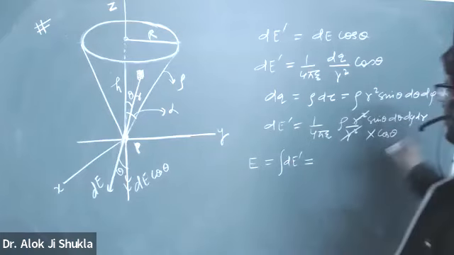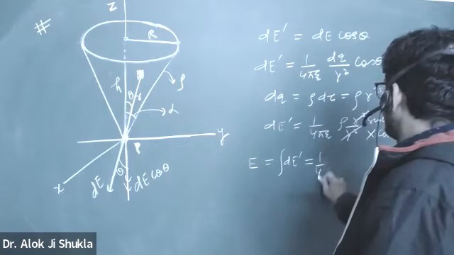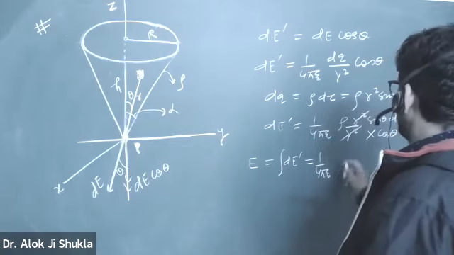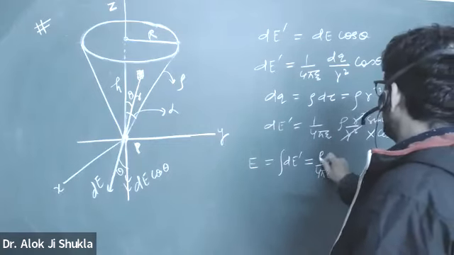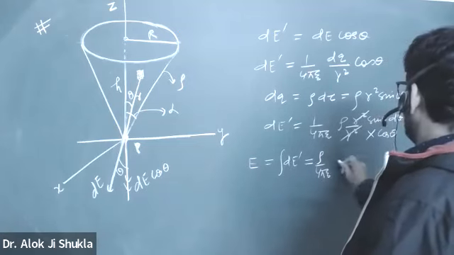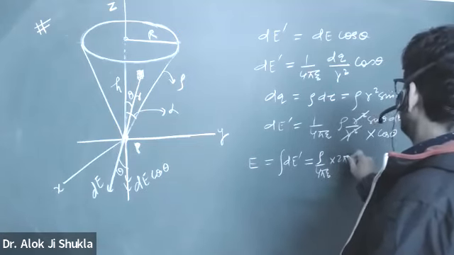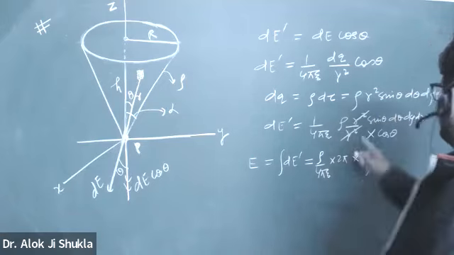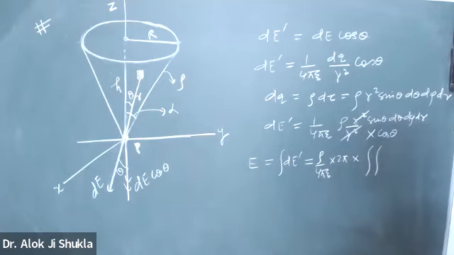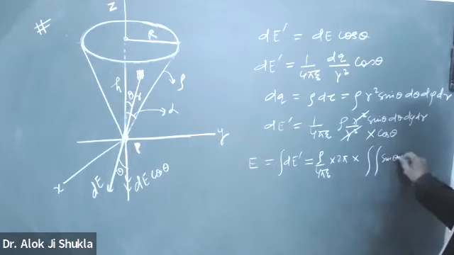So d phi का integration simply हो जाएगा 2 pi. So it will be rho by 4 pi epsilon naught and into 2 pi. Correct? Now we have double integral because we have sine theta, cos theta, d theta and dr.